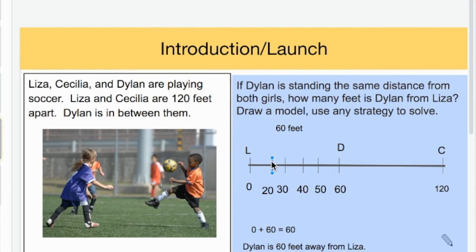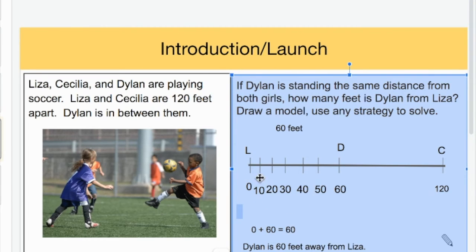And then I make another jump back of 10, and I land on 10. After that, we cannot make any more jumps of 10. We already made it to our goal, which was 0.